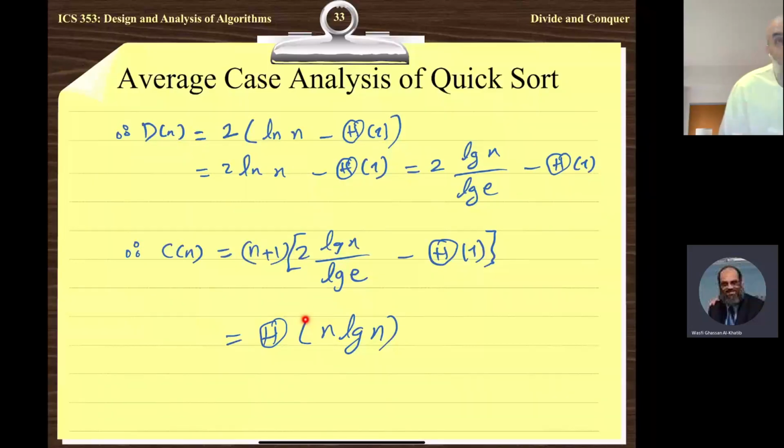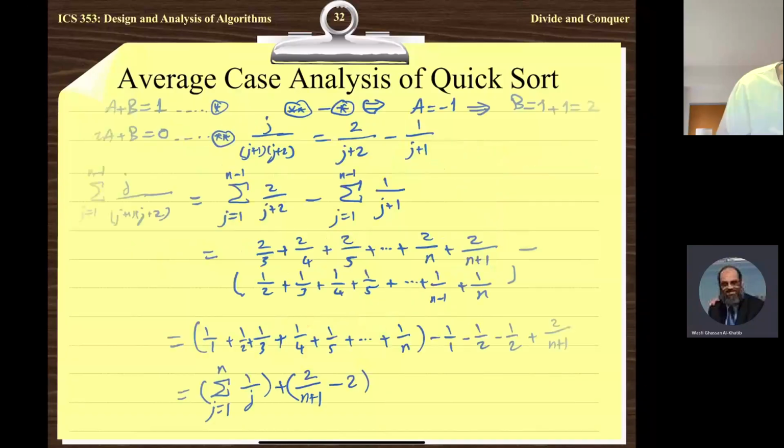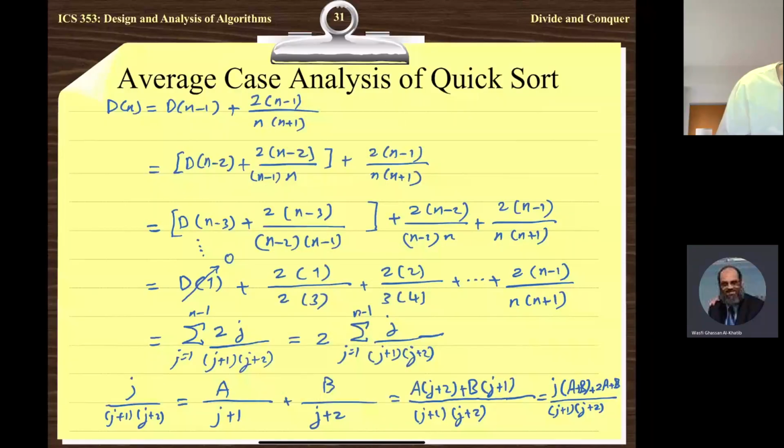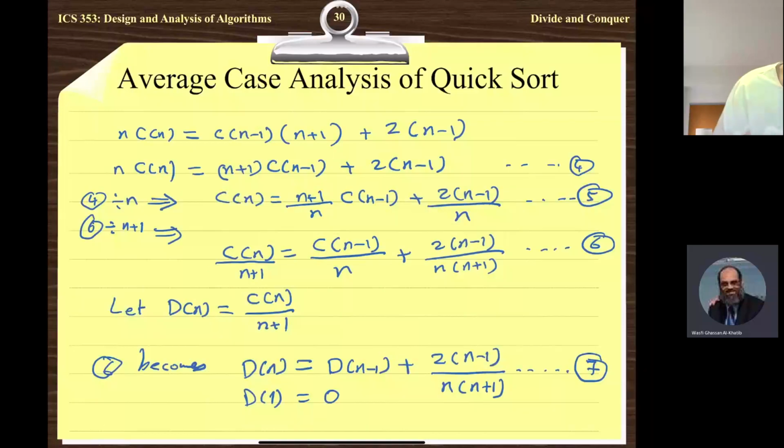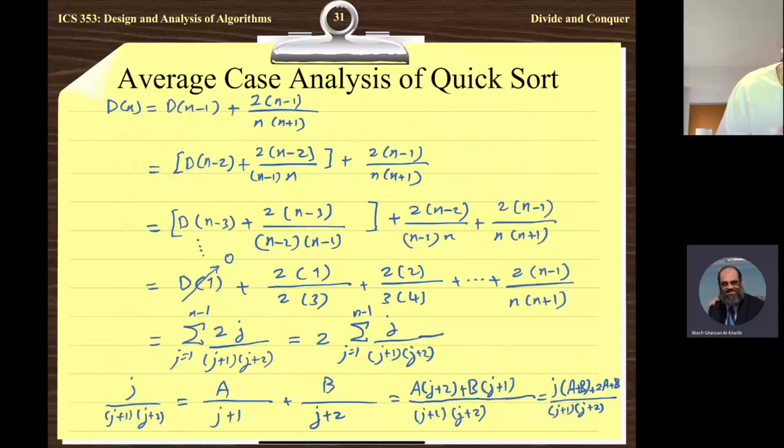So with this, we are done with the average case analysis of quicksort. As you can see, in class we stopped here, and all that we did now was just show you my mathematical muscles.